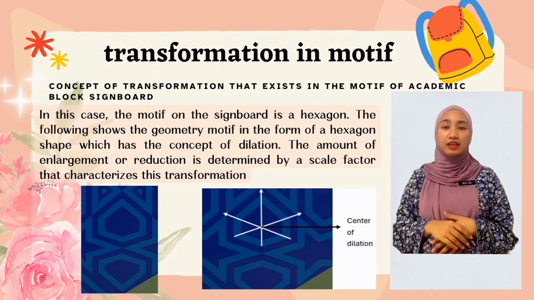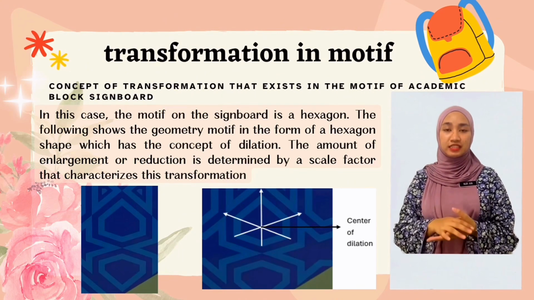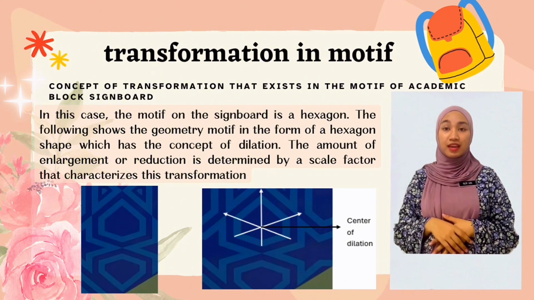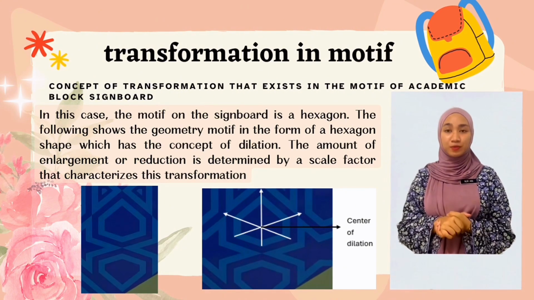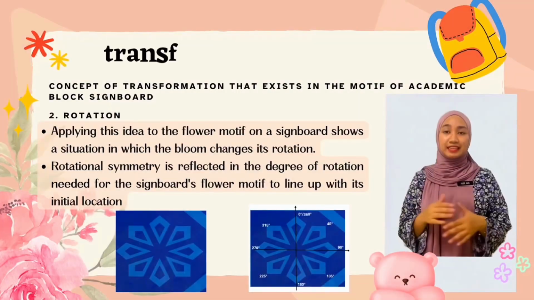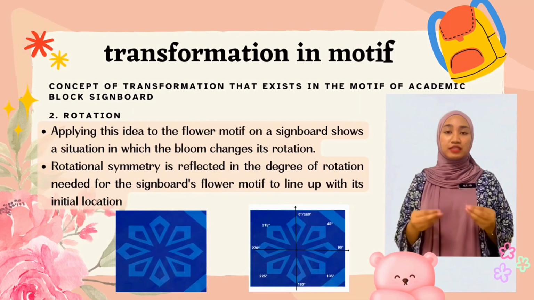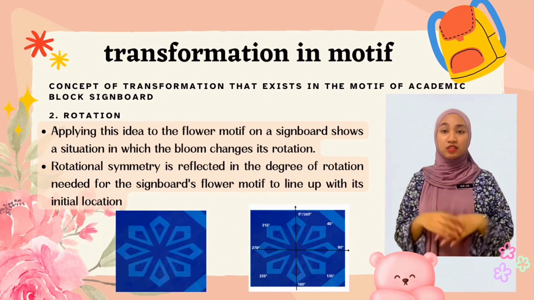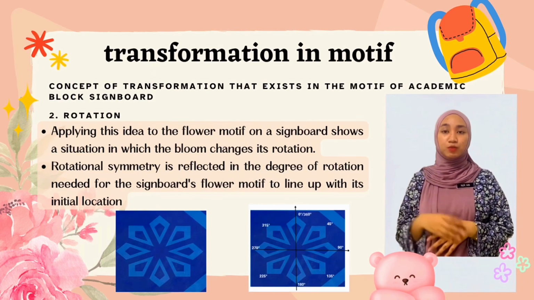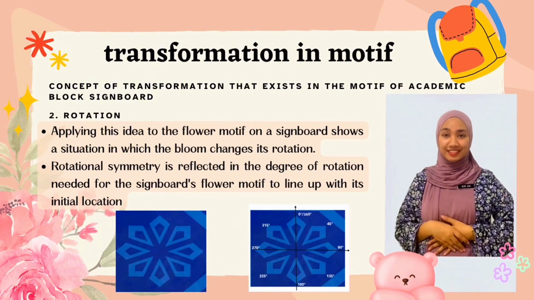The amount of enlargement or reduction is determined by a scale factor that characterizes this transformation. Applying this idea to the flower motif on a symbol shows a situation in which the bloom changes its rotation.